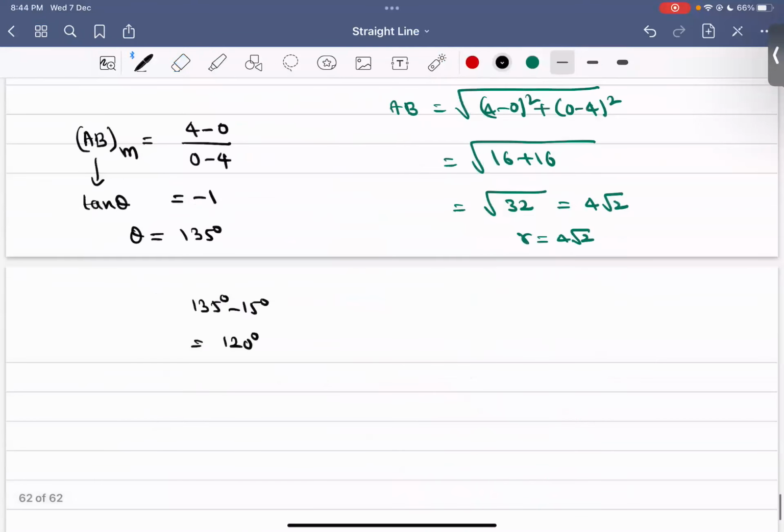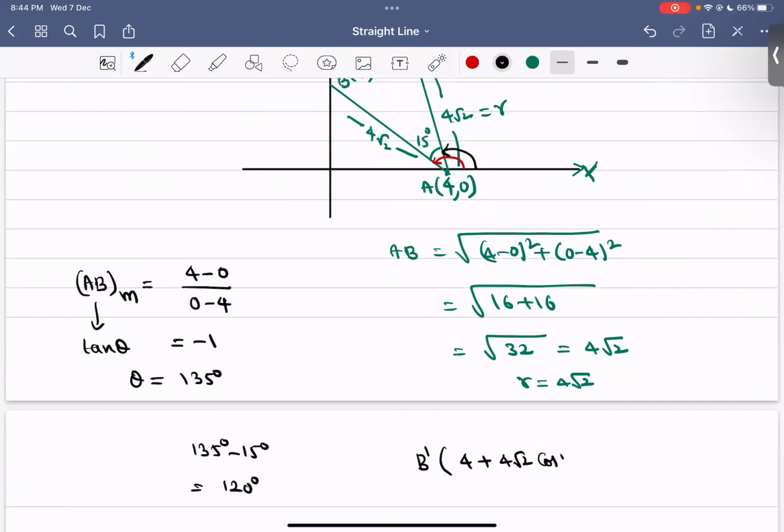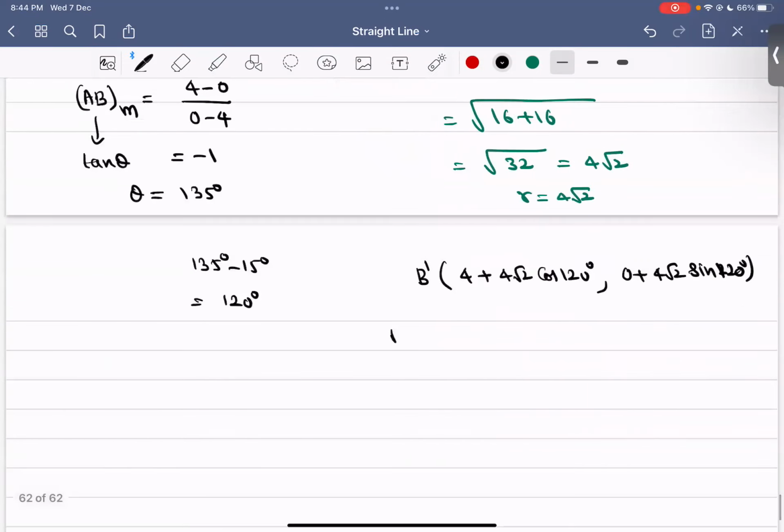Now, the B dash coordinates are h plus R cos theta. h is 4, plus R is 4 root 2, cos 120 degrees. Next, k plus R sin 120 degrees, where k is 0 and R is 4 root 2. Therefore, the B dash coordinates are 4 plus 4 root 2 cos (90 plus 30) degrees, and 0 plus 4 root 2 sin (90 plus 30) degrees.